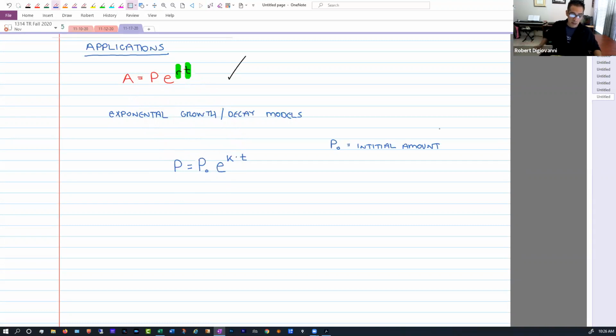It doesn't have to be money. In the shampoo formula, P was the money we put in at the beginning, how much money we started with. Here we're just saying it's the initial or starting amount, no matter what it is. It could be money, the number of people, the number of bacteria, the number of viruses, whatever it is.